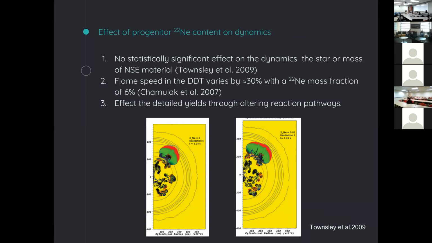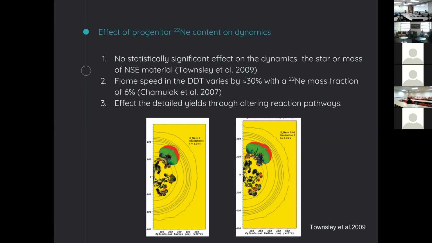But as you can see between these two plots, there is certainly an effect on the morphology of the models, right? There is some effect here, but there's no significant change in the compactness and so on.